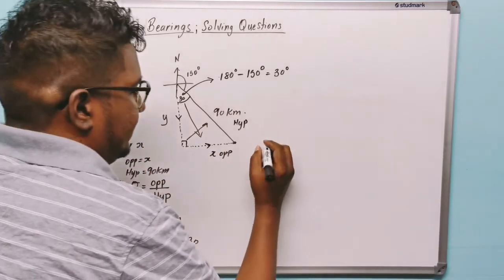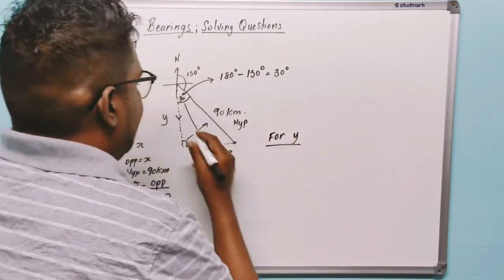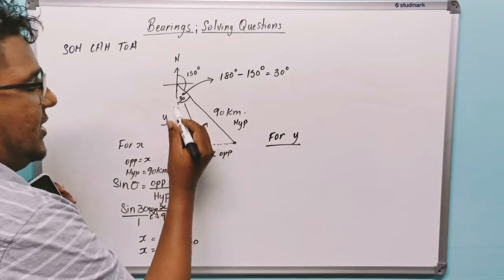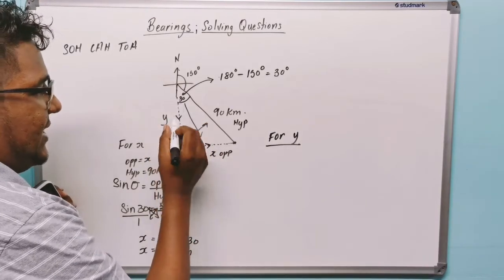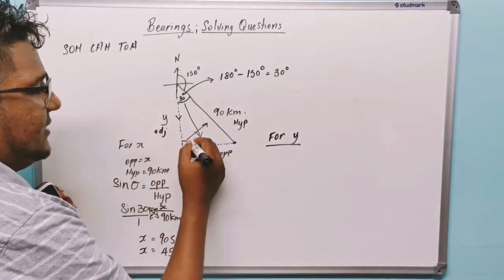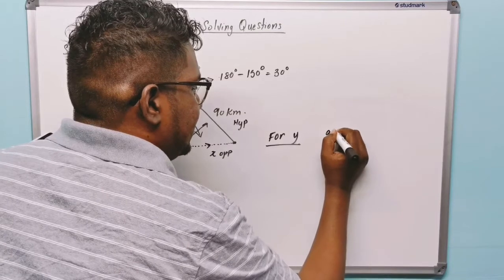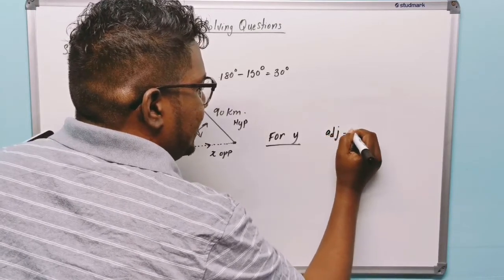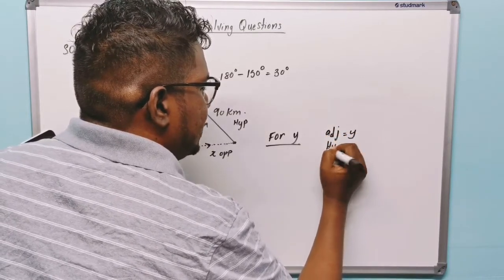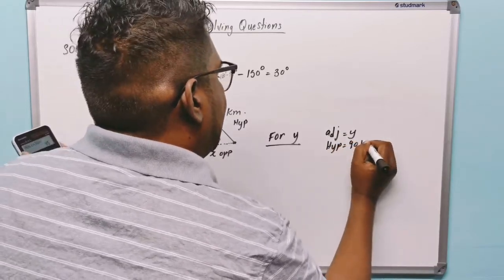Now let's find for y. So for y, that would be this way. Now if I'm, again, we're using the same angle, so now this becomes my adjacent side, and this is still my hypotenuse. So now we're working with adjacent, which is equals to y, and the hypotenuse, which is equals to 90 km.